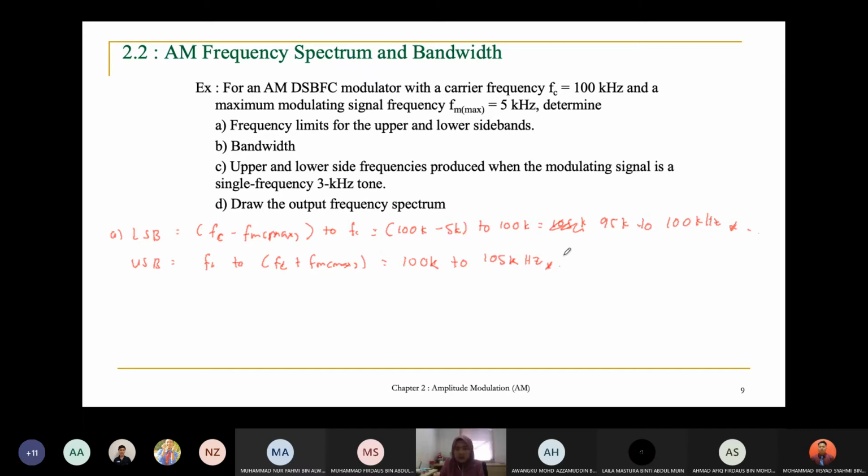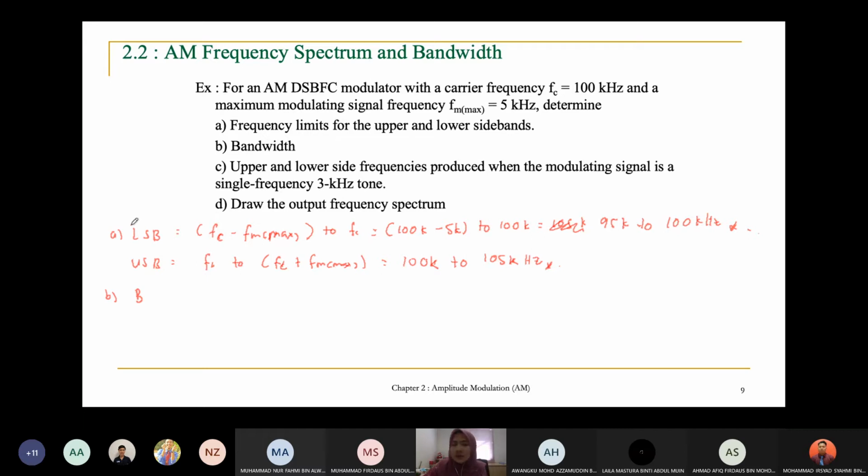The second one, please calculate the bandwidth. The bandwidth is 10 kilohertz.